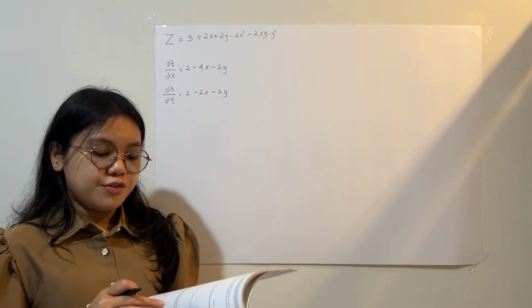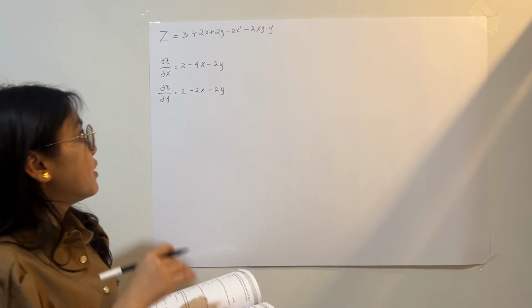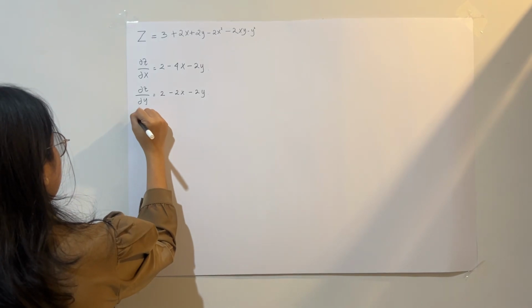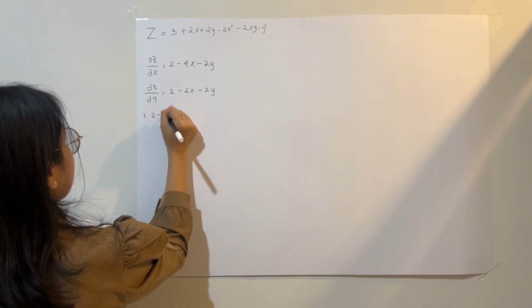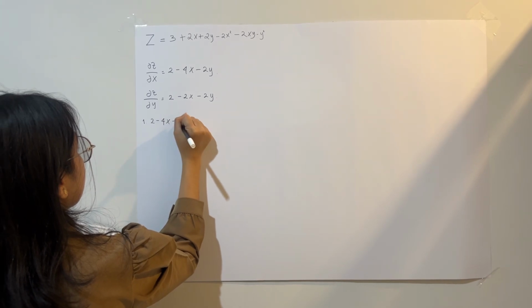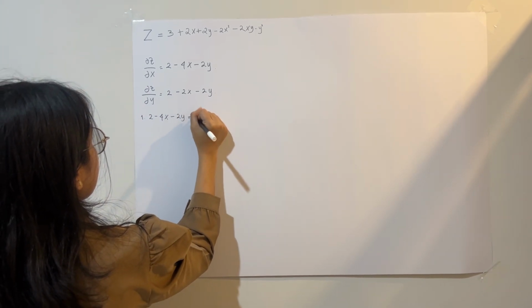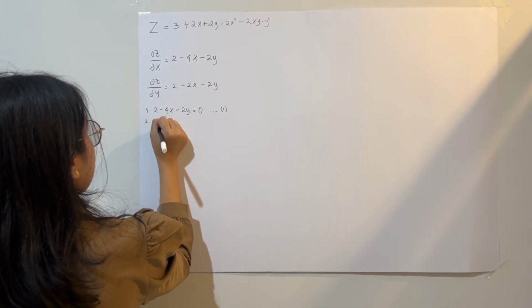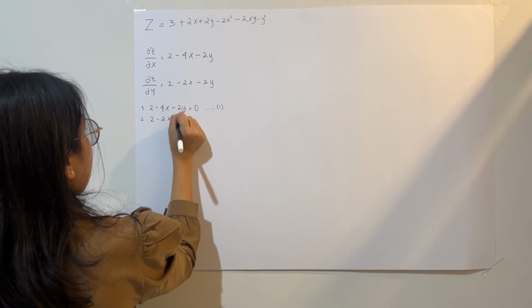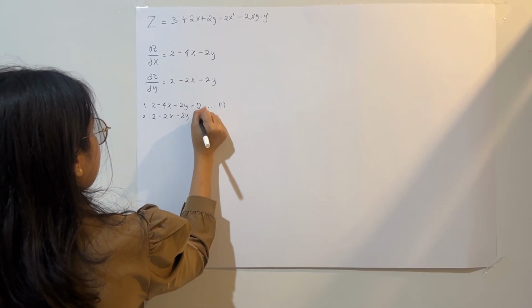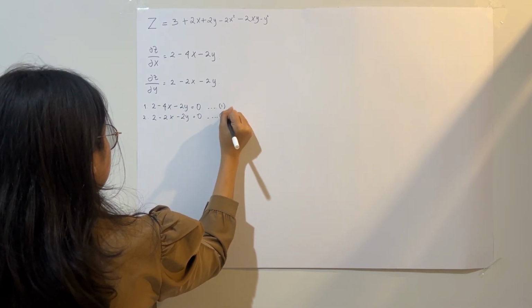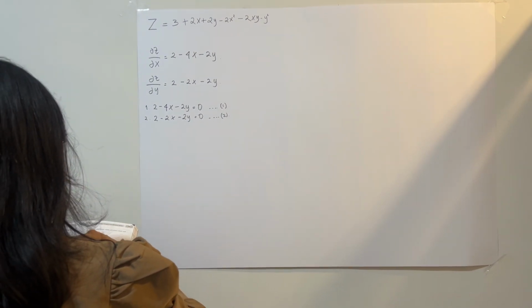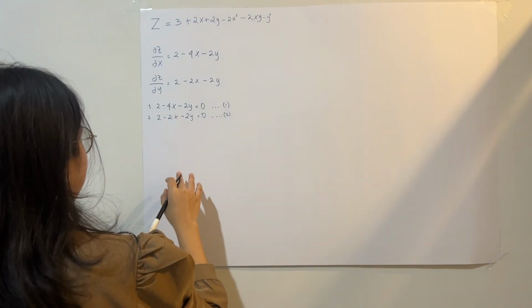The second step, find the critical point, set the gradient to 0. Now we eliminate one variable, subtract equation 2 from equation 1.